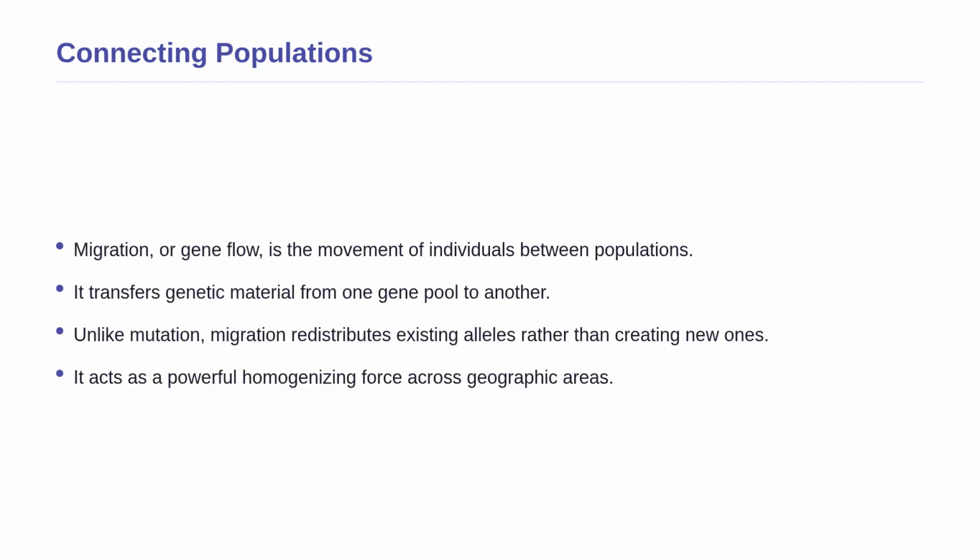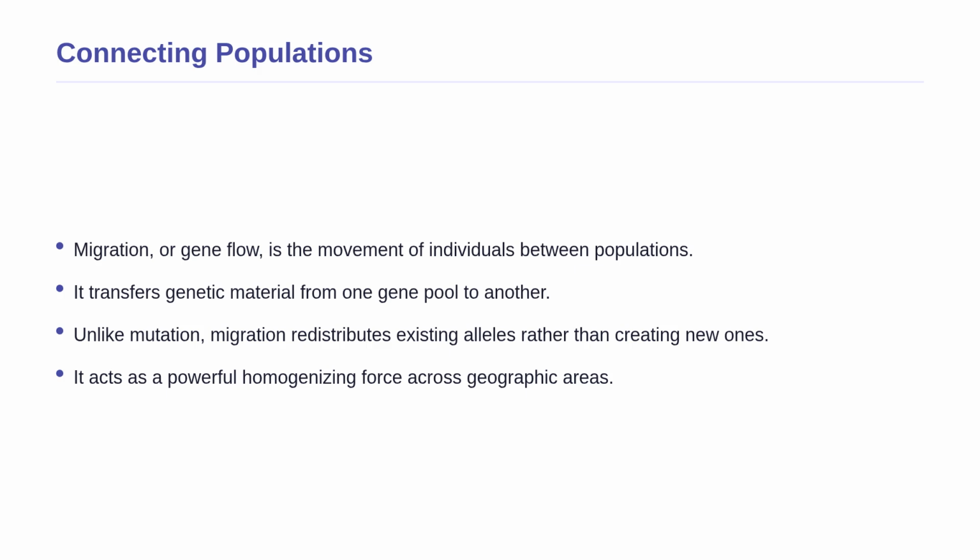While mutation creates new alleles slowly, another force moves them around rapidly. Imagine two isolated islands, one where everyone wears red shirts and another with blue shirts. If people from the blue shirt island move to the red shirt island, they introduce blue shirts to a place that never had them.